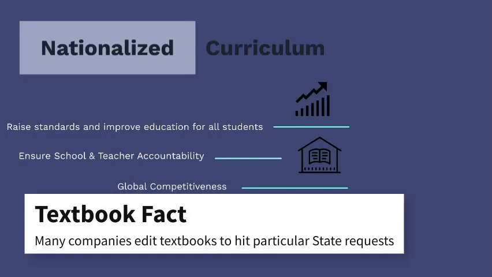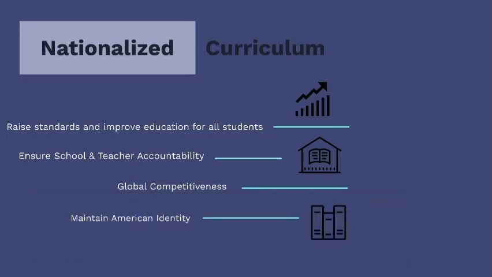Additionally, a national curriculum is argued as being one that helps Americans in the U.S. become more competitive in the international arena. So globally, other countries have national curriculum, and they're doing better on standardized tests than our students in the United States. So the argument goes that if it works for other countries, it should work for us, and it also will help us be more competitive globally.